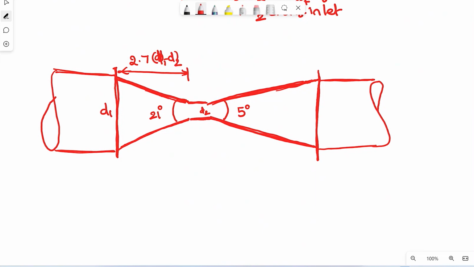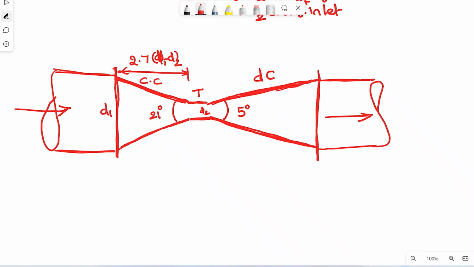right? This is what the basic thing is. So the flow enters now here and the flow leaves like this. So this portion is called the convergent cone, and this is the throat, and this is the divergent cone. The length of the divergent cone is more than the length of the convergent cone. That itself the angle speaks about.